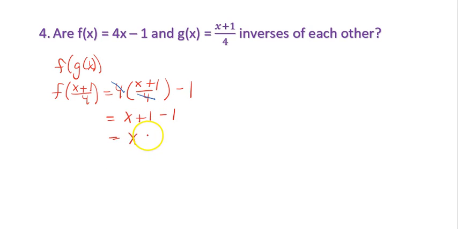So I got x one way, I have to do it the other way. So I have to do g of f of x. So I'm going to take out the f of x, I'm going to put in the equation 4x minus 1. And then I'm going to write my g equation but take the x out.